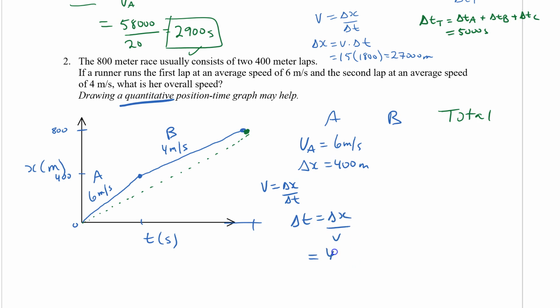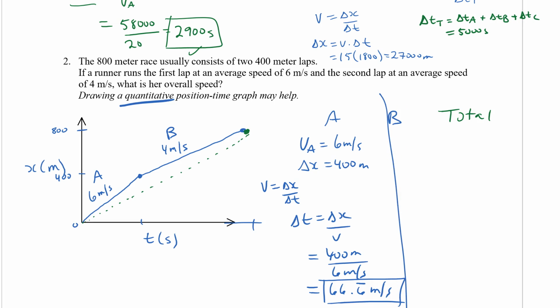So this would be 400 meters divided by 6 meters per second. And so when I type into my calculator, I get 66.6 repeating seconds. In other words, a good time here to use our memory in our calculator if we have it.